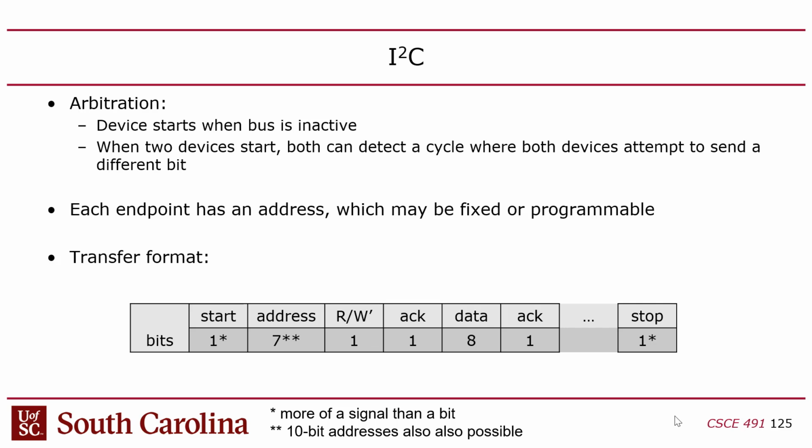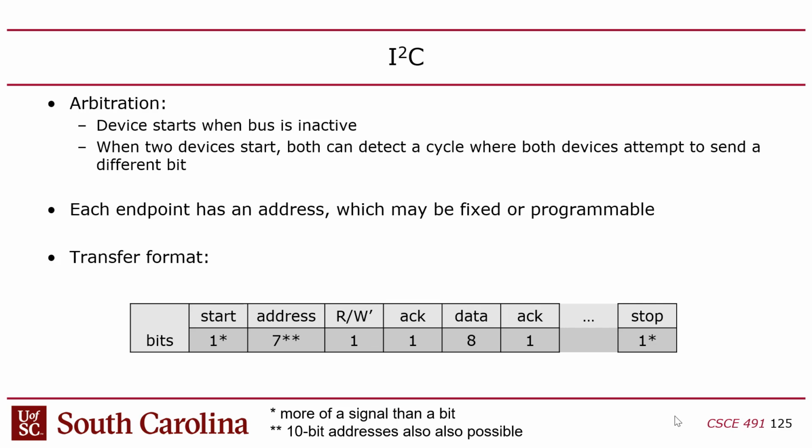Okay, so the problem though is, I mentioned that there's only one data bit, and that data bit is going to be driven by whoever needs to drive it, which means that the master has to send the start and the address and the read-write flag, but then the slave now has to take ownership. It has to take control of the data wire in order to send the acknowledgement. So there's a handover process that's happening.